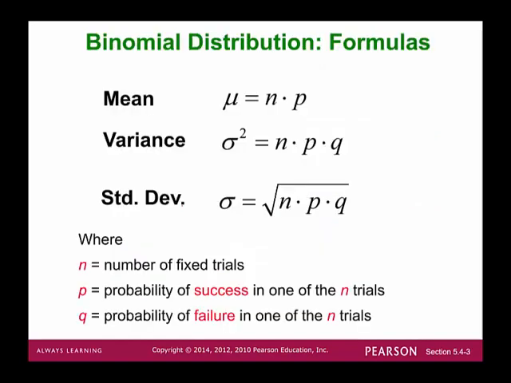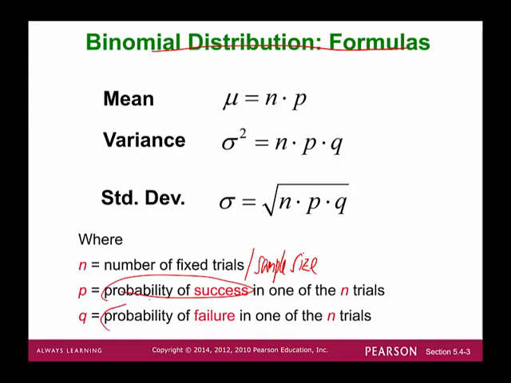So these are the binomial distribution formulas. The mean equals n, the sample size, or number of fixed trials, times p, probability of success, and variance, sigma squared, equals n times p times q.